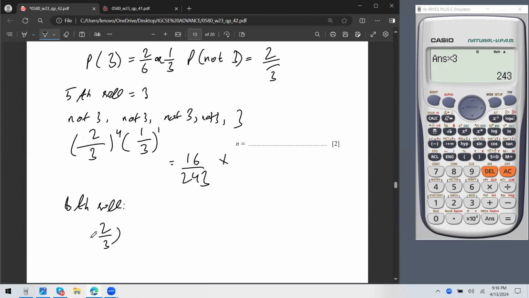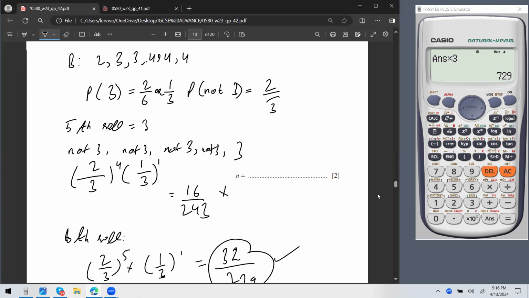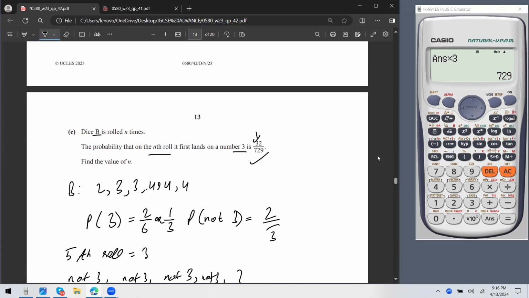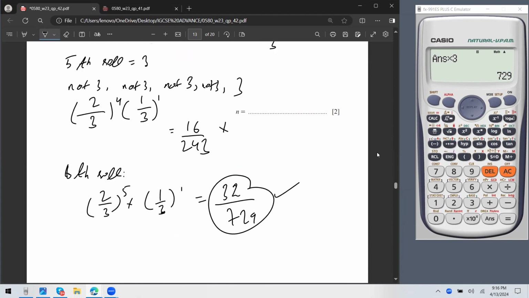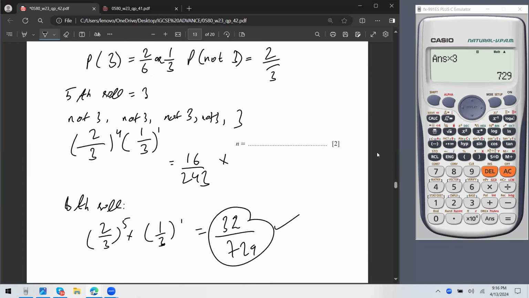That means 2 by 3 raised to power 5 times 1 by 3, 1 as usual. So 2 raised to power 5 is 32, and 3 raised to power 5 is 243, times 3, 729. That turned out to be the correct probability as given here. So that's why it's the sixth roll that will give you the answer.